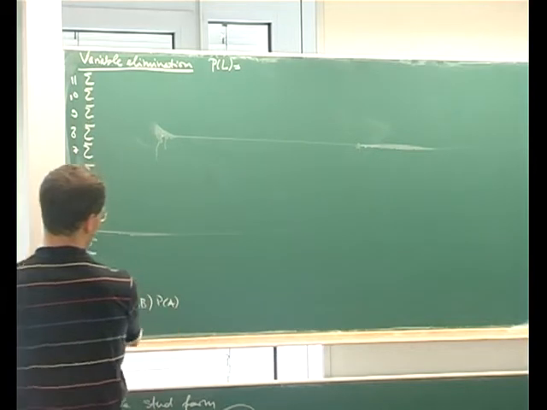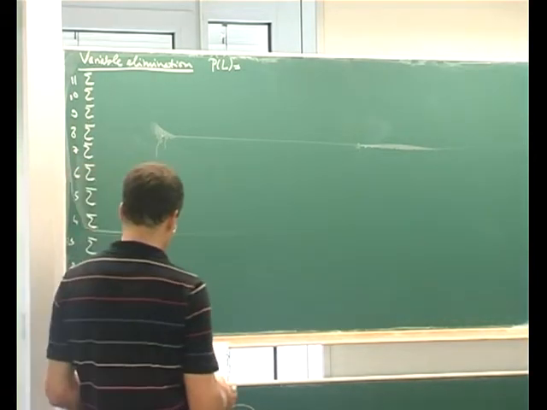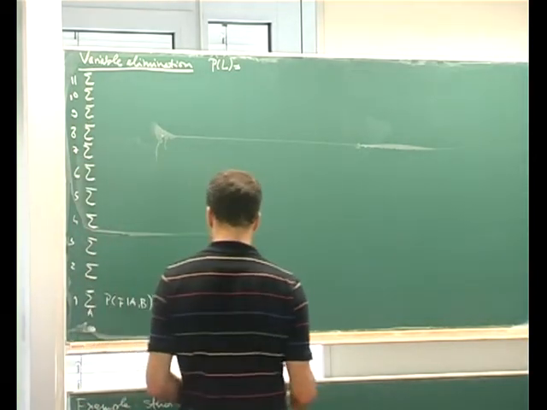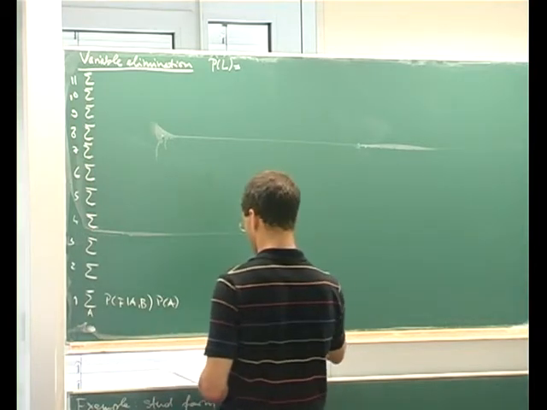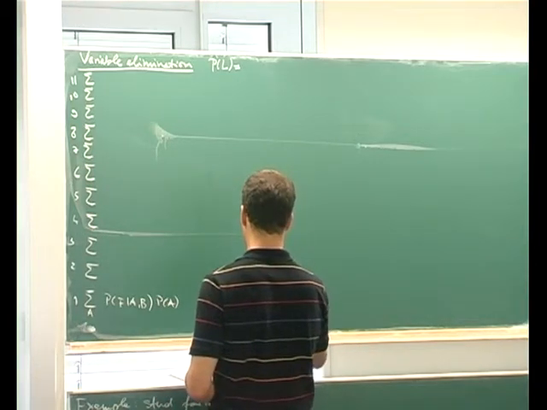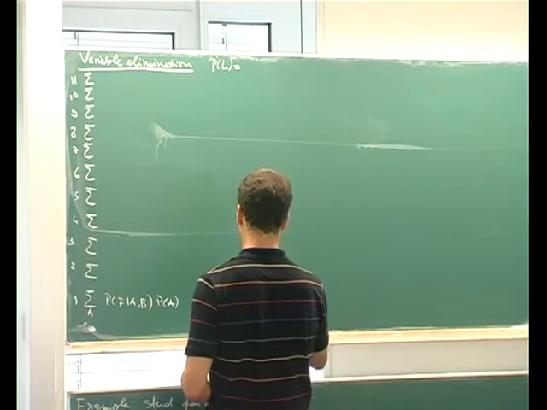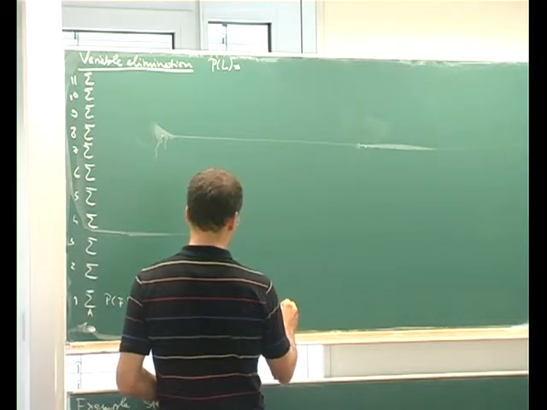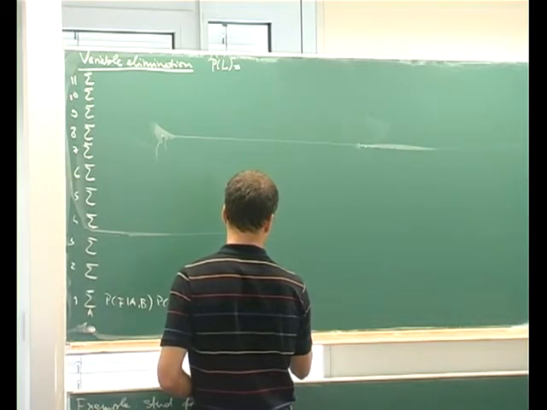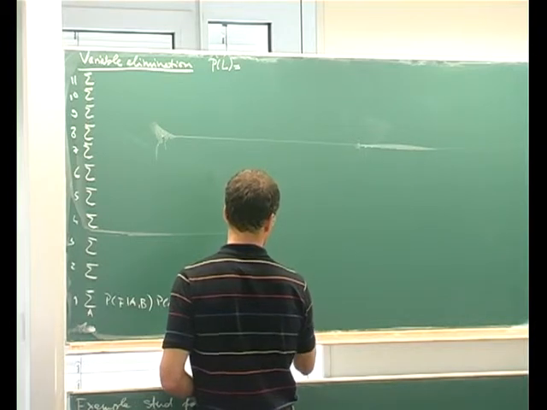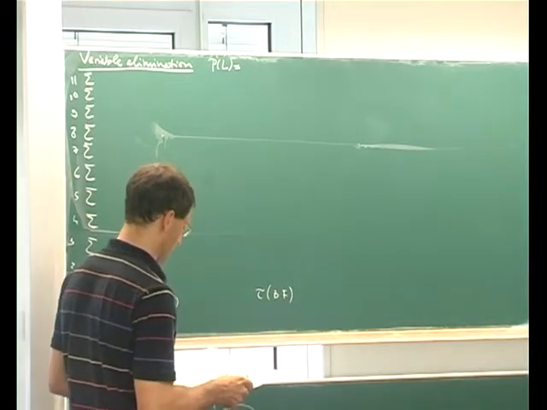So all of that together will give me a new function, or a new factor, which I'm going to call tau. And that is now a function of B and F, because A has been integrated out.